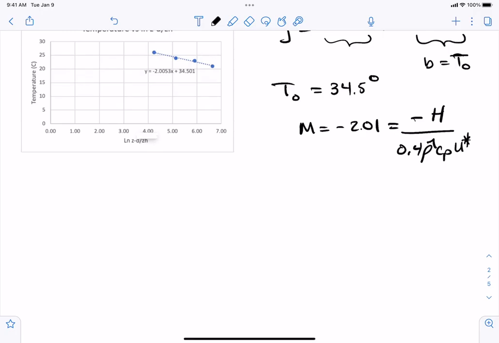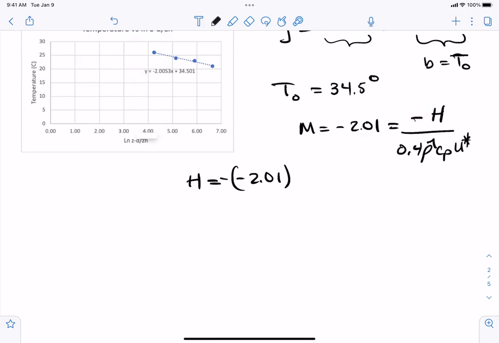Now, if we were interested in something like the sensible heat flux, which we often are, we can simply rearrange this equation to say H is now equal to negative 2.01, and then we transfer the other negative to the other side, that guy right there.